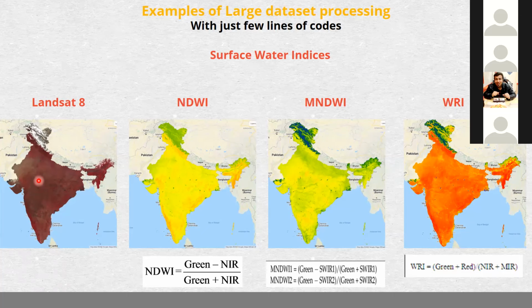But with the help of Google Earth Engine and by writing just 10 to 15 lines of script, you can get not only the NDWI, but n number of indices with just a few clicks and by altering a few formulas. So this is another case study that is very helpful for water resources and for those persons who are working in the hydrology or water resource segment.